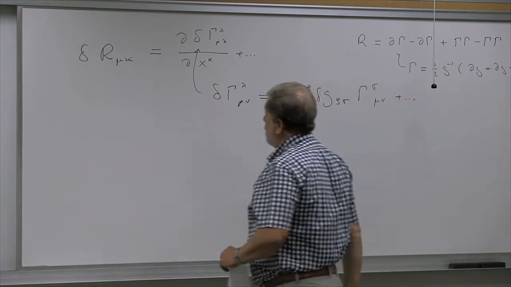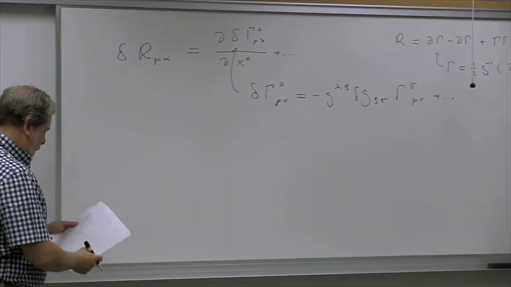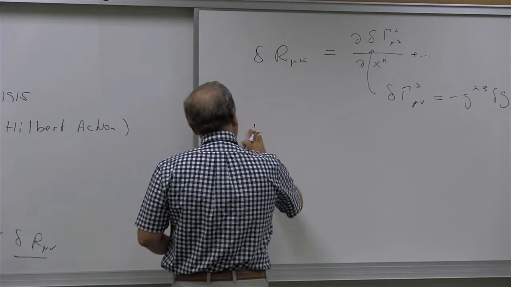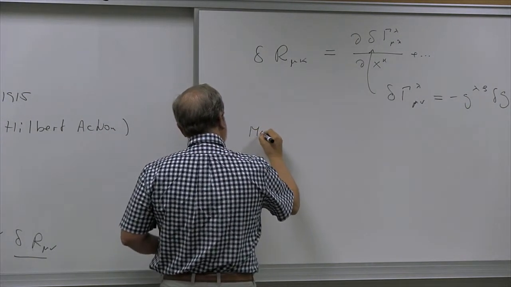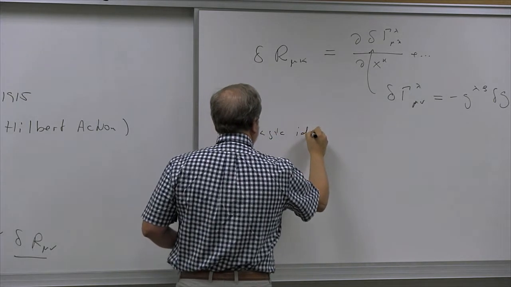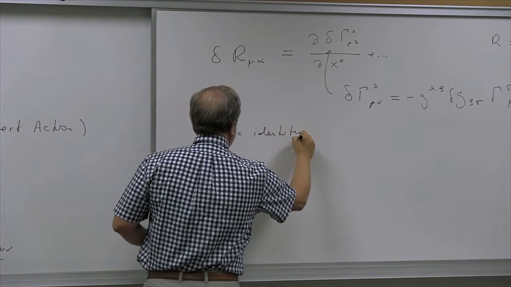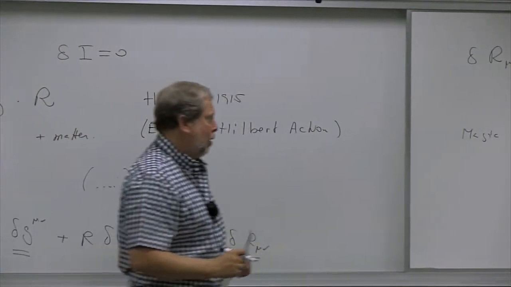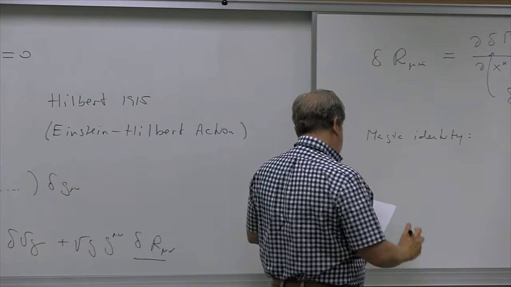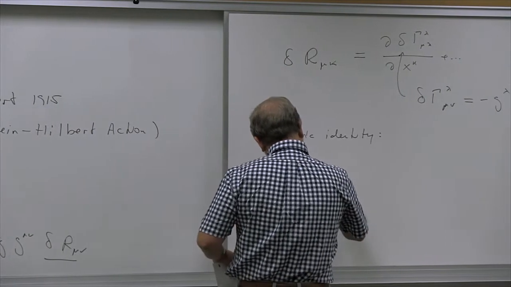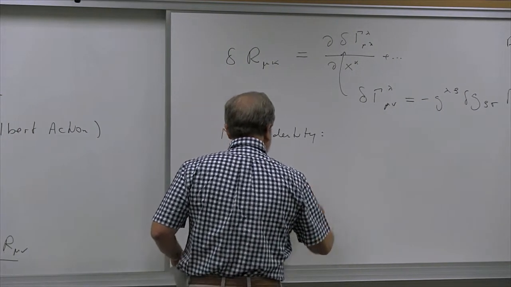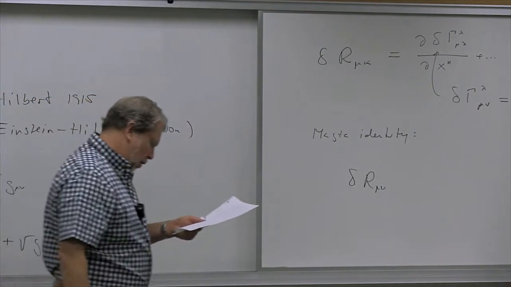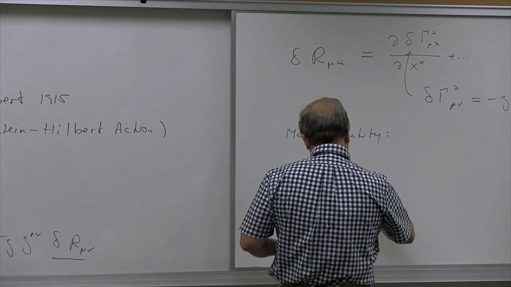So there's lots of terms, and this is a really complicated thing. But there is an identity. So there is a magic identity that says that if you do look at the variations of the Riemann tensor, the Ricci tensor in this case, the variation of R mu nu can be written as a combination of covariant derivatives.